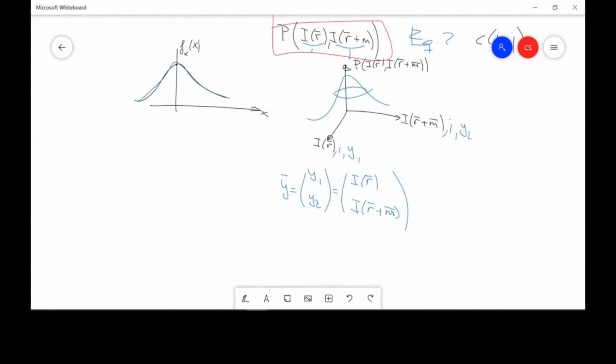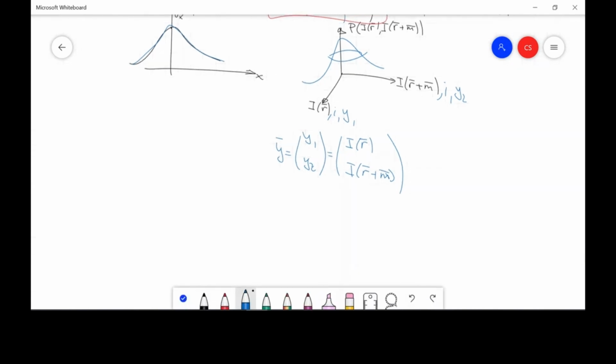So if it is a two-dimensional vector, it must have a covariance matrix, the covariance of Y. A reminder: what is the covariance of a multidimensional vector?